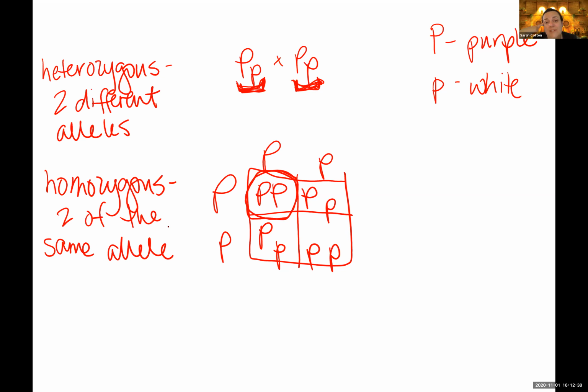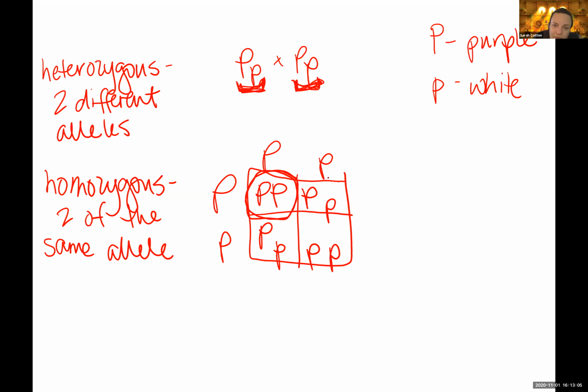So typically when we say homozygous, we then describe whether they're homozygous dominant, meaning they have two of the dominant allele, or homozygous recessive, meaning they have two of the recessive allele. So that individual, homozygous dominant, what would their appearance be? Well, they have two big P's, so they'd be purple.